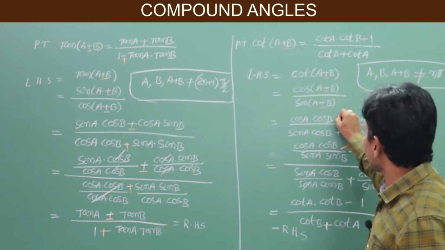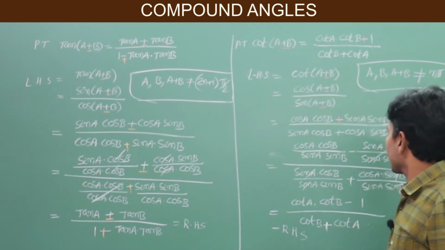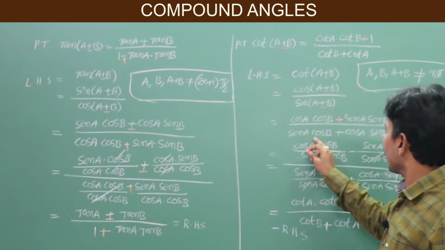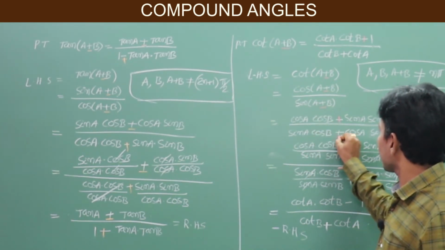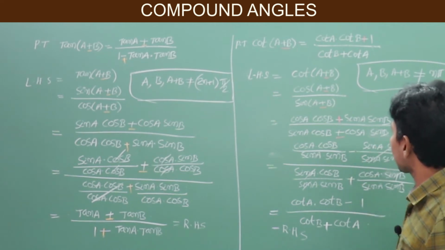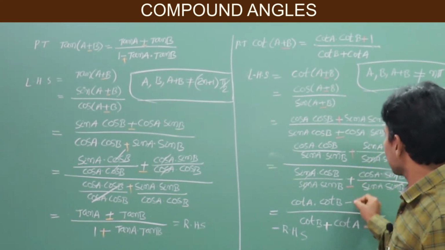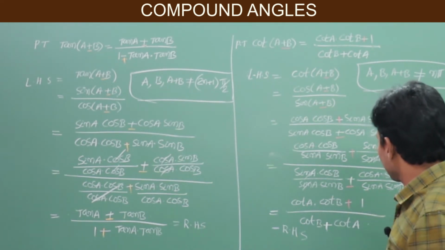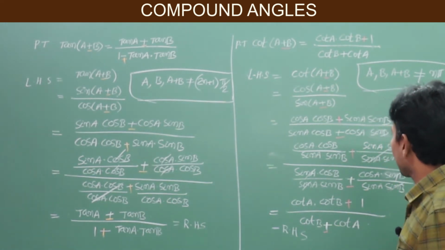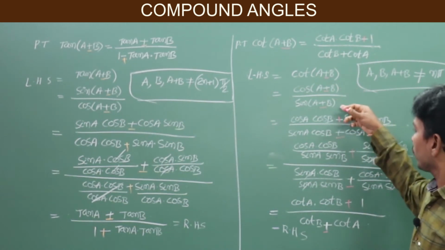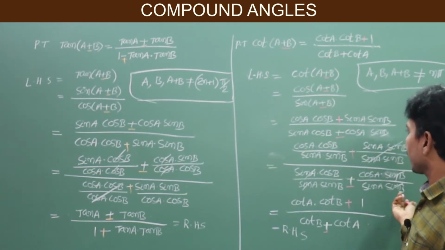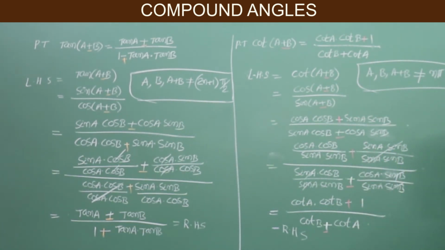Here the cos of a minus b formula is cos a cos b plus sin a sin b. Next, the sin of a minus b formula is sin a cos b minus cos a sin b. So here we will get a plus symbol, here a minus symbol, here a plus symbol, here a minus symbol. Over. So these are the direct formulae that we will get.